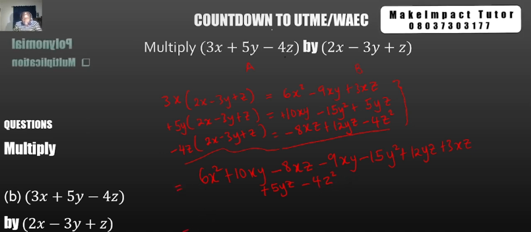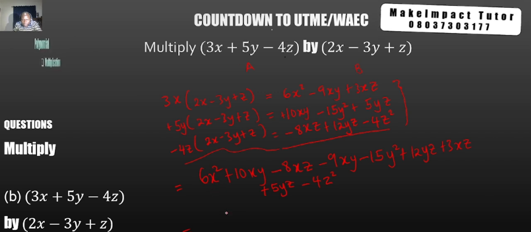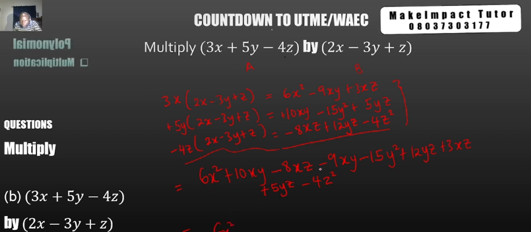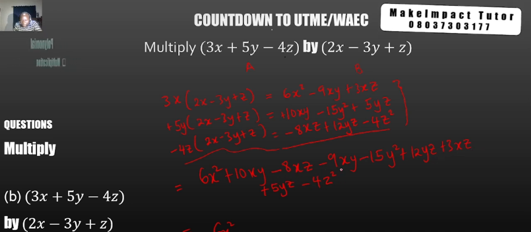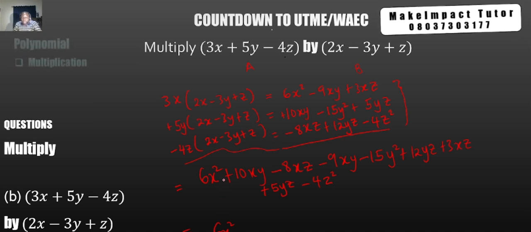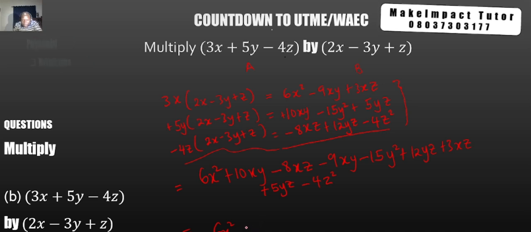Then the next thing is let's look for common terms and collect like terms. In the first one I have 6x squared. Looking through the expression, I cannot find any other x squared, so 6x squared is just a single term. Then the next one is plus 10xy.